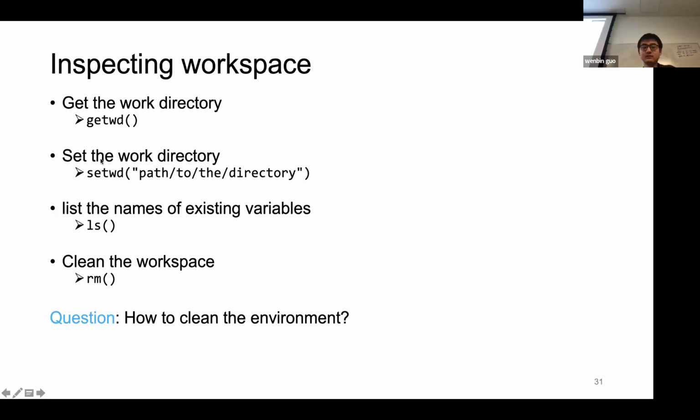And if you want to set a different working location, for example, changing from your own home directory to your specific project directory, you can use setwd so that you can access those files easily instead of getting an error saying file not found.